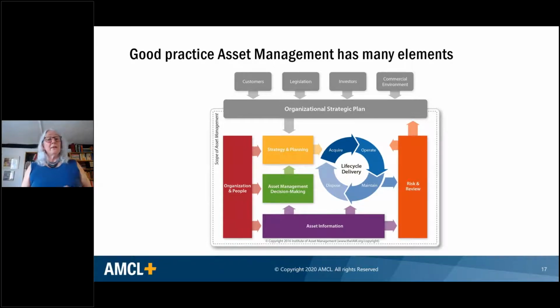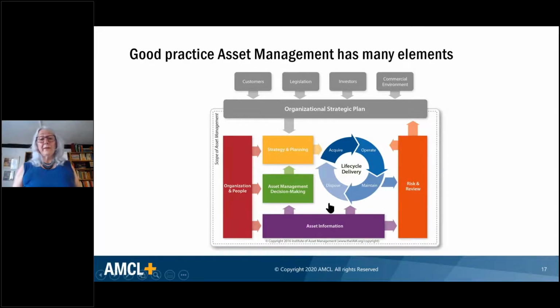And with uncertainty, we have to make good use of risk management and risk thinking. We never know enough because we're looking into the future. And you know that risk, we have to think about risk every time we go on site, every time we make a decision, every time we think about strategy. So risk is really everywhere in this diagram. It's wishful thinking to think it's somebody else's problem. It's not, it's our problem.